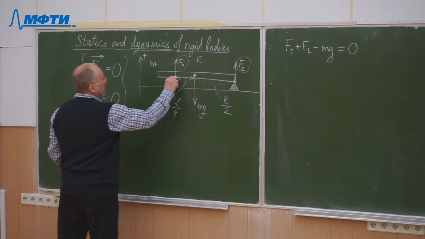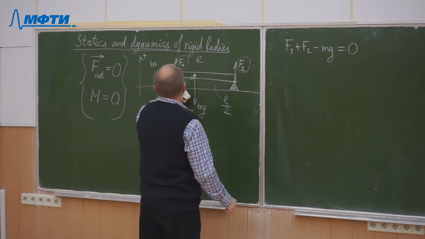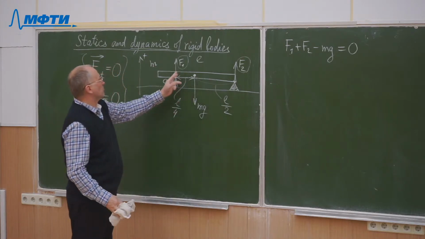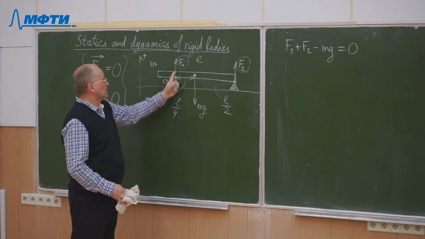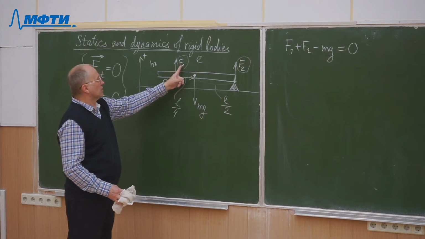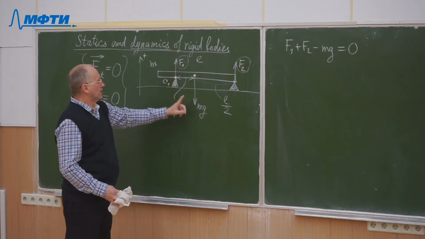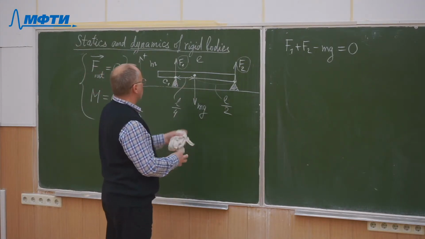Let it be the point of rotation, the center of rotation 1. Then the torque of force F1 will be 0 because the arm of this force is 0. If force goes through the axis of rotation, then its torque must be 0. Let's calculate the torques of other forces.